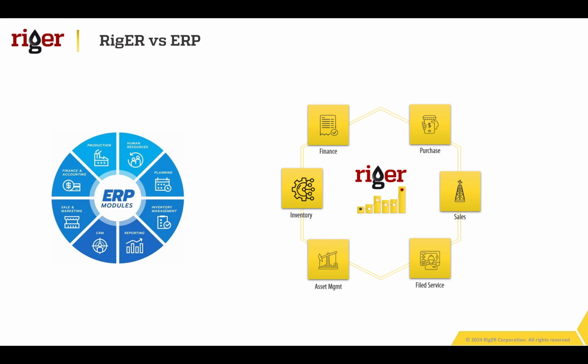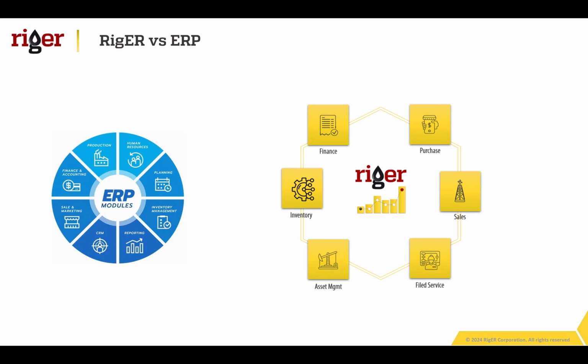Definitely the difference is the function. The ERP is a financial system, RigER is an operational system, with different users and different user experience and purpose. Again, the main focus of the ERP is manufacturing, and it was born in manufacturing, so different industries. RigER is focusing on the oil field only.